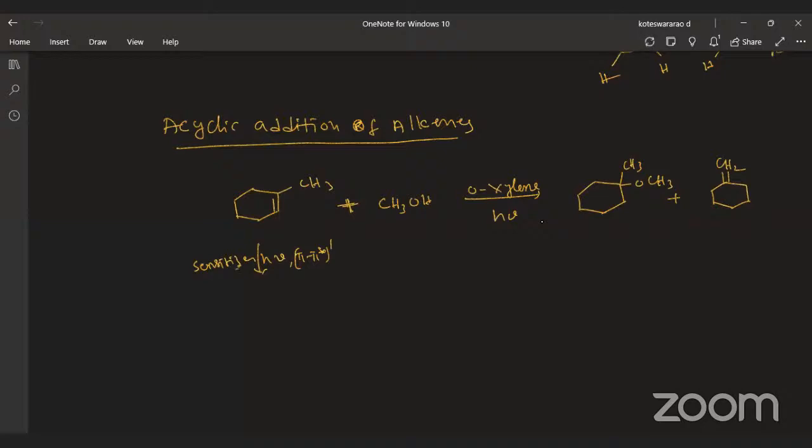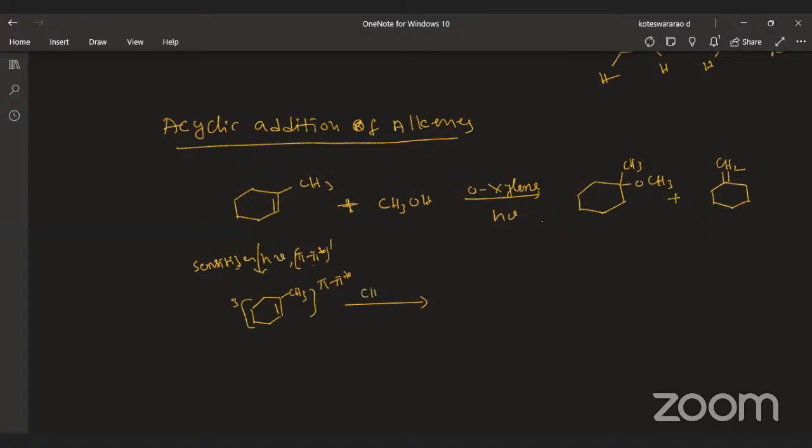The energy is transferred from this sensitizer, which leads to the formation of the pi-pi star triplet state.